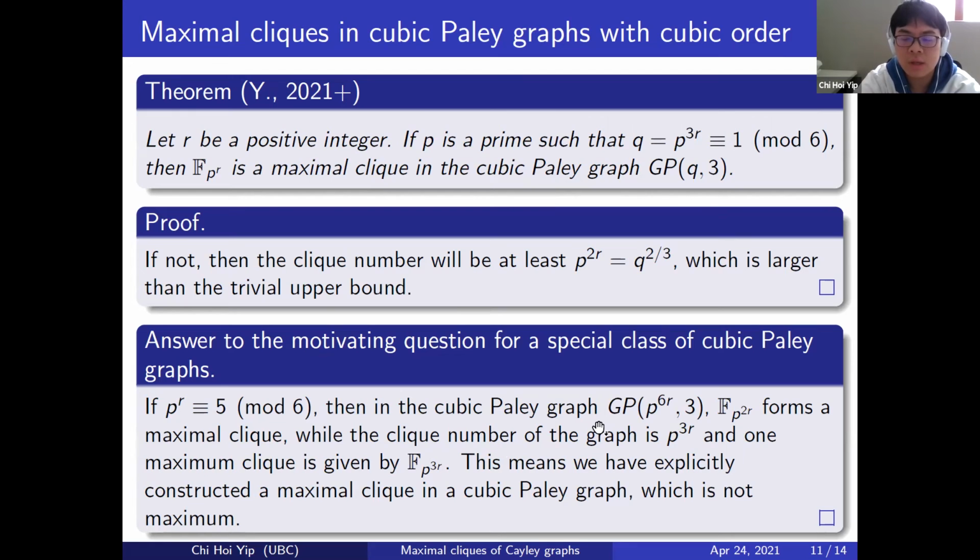In this case, we can use this theorem to conclude that F_{p^{2r}} forms a maximal clique in the cubic Paley graph with order p^{6r}, while the clique number of this graph is given by p^{3r}, because one can easily show that the subfield with p^{3r} elements also forms a clique. So for this class of cubic Paley graphs, we have explicitly constructed a maximal clique which is not maximum.